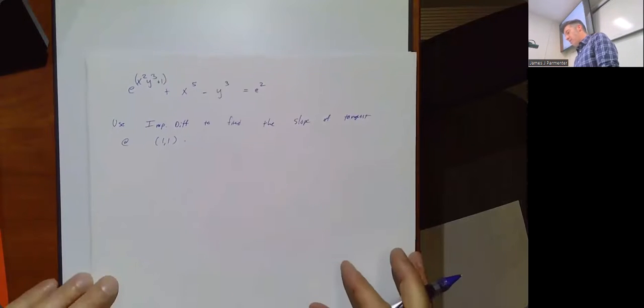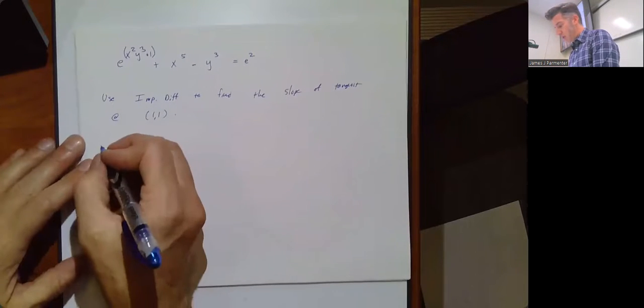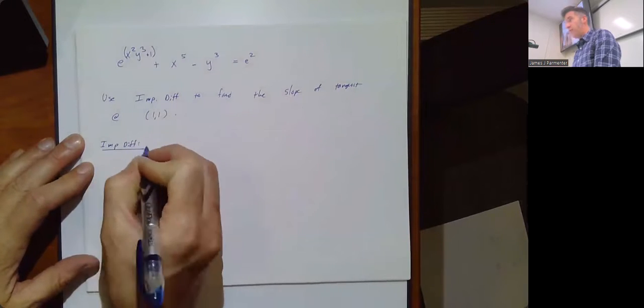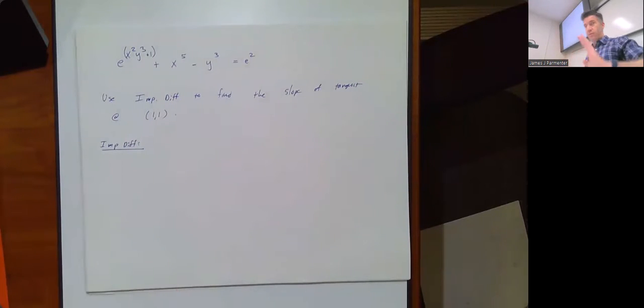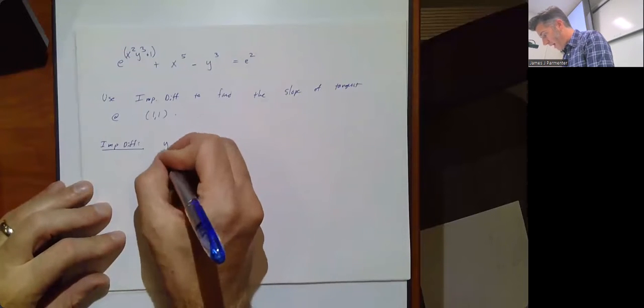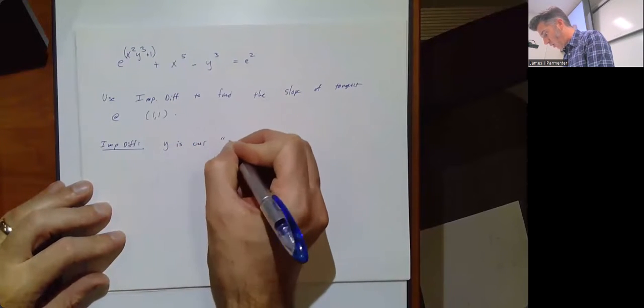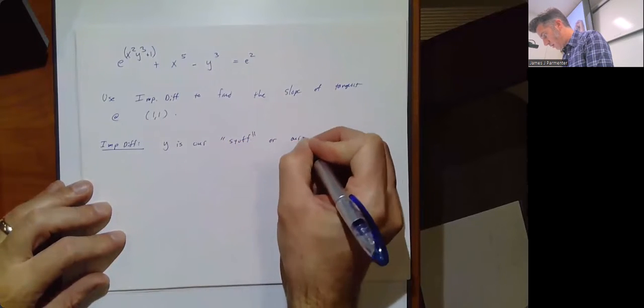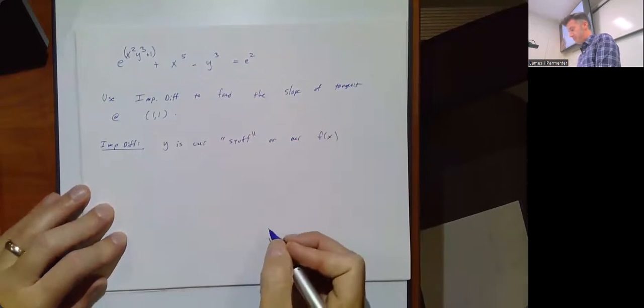Okay. So implicit differentiation, we always have to remember, and I feel like I see a couple new faces, so I'm going to say this a couple extra times here, that y is our quote unquote stuff, or our function of x.